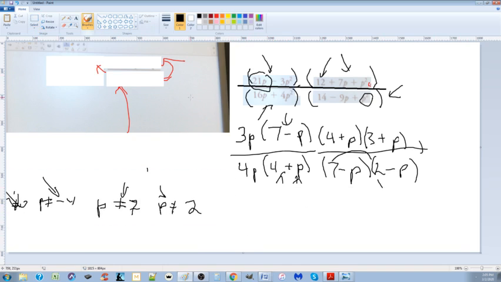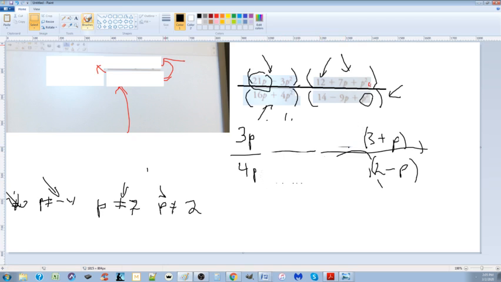Let's look for common things at the top and bottom. Right here, I have a 7 minus p and a 7 minus p. Just one of them, so I can just turn them into 1 or simply get rid of them. Again, here's a 4 plus p and a 4 plus p, sort of what I was thinking was going to happen at the bottom, and we can get rid of them. So we might be done, but look at this.